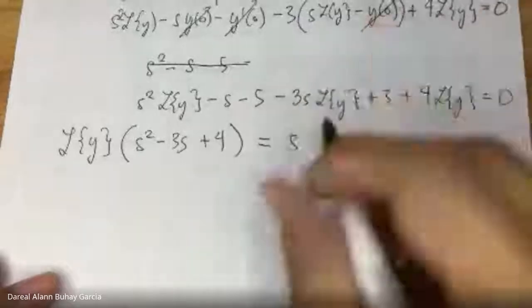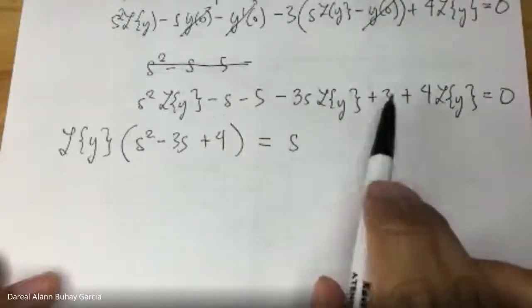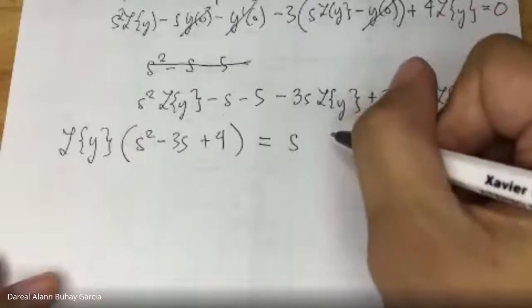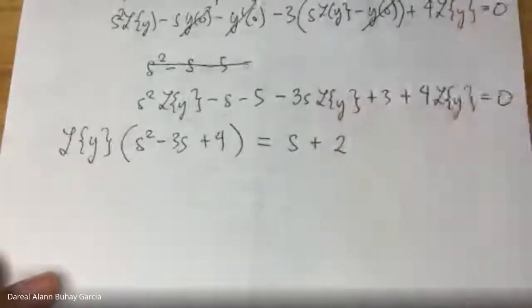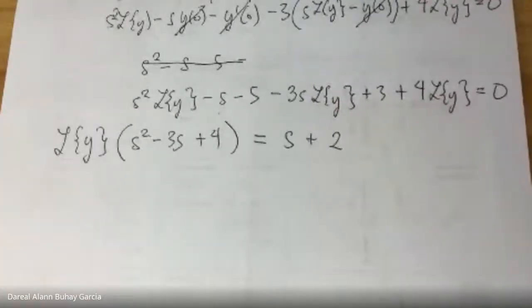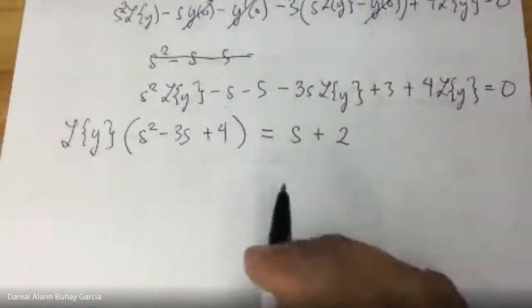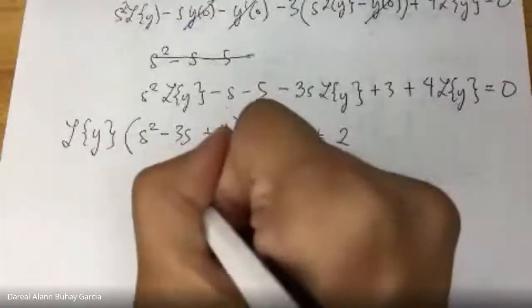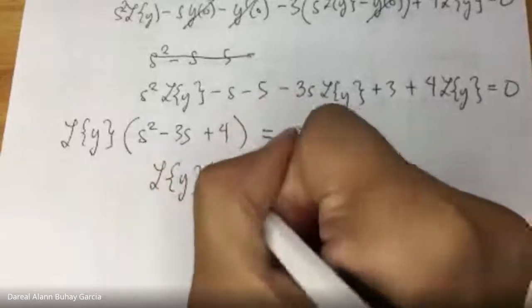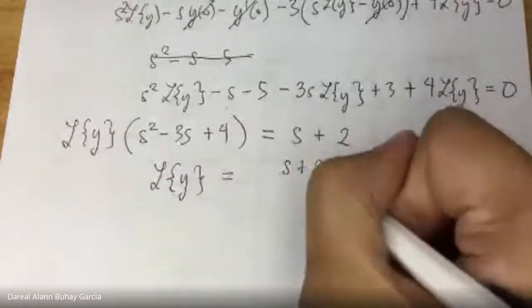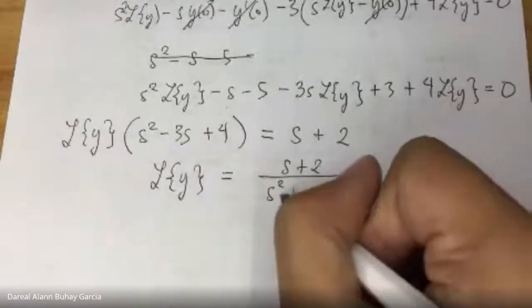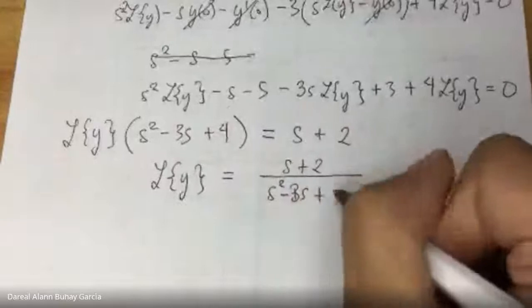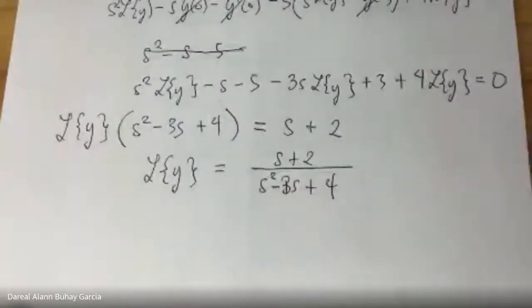This becomes s plus 5 minus 3, plus 2. So, the Laplace of y is equal to s plus 2 over s squared minus 3s plus 4. Okay.